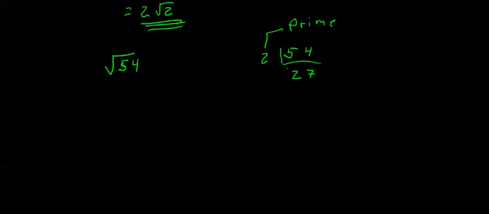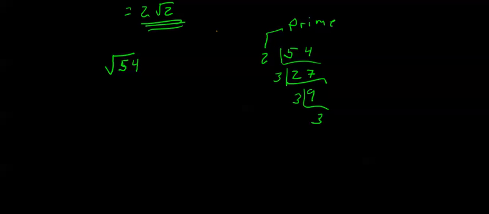And I can break 27 down using 3 and 9 and 3 and 3. Now I have all the factors of 54.